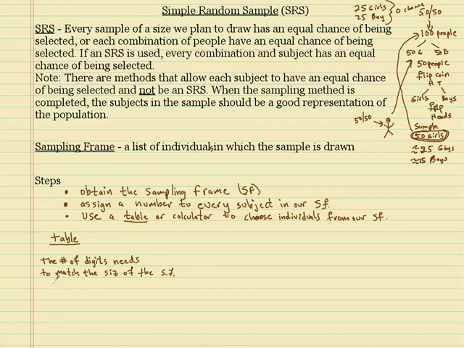Okay, now that makes no sense to you at all. And we usually, you'll see in a second, we usually start with 0. Okay, so let's say we have a sampling frame with 100 people.